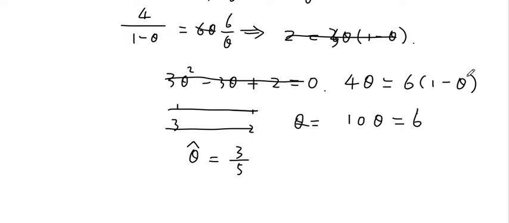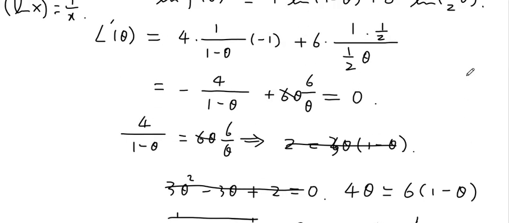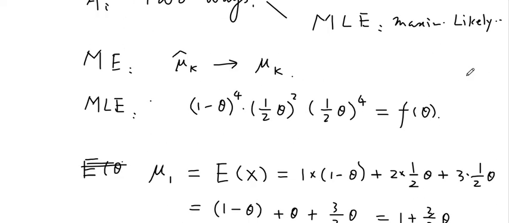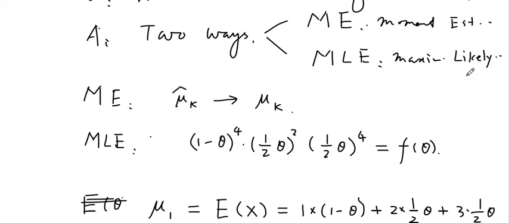Oh, different answer. Anyway, this is a typical simple example to show you there are two methods, the moment estimator (M) and the maximum likelihood estimator (ML). Okay, so this is the discrete situation.